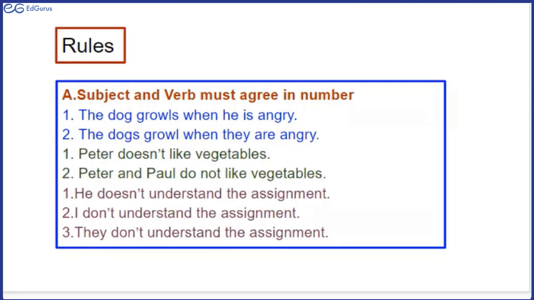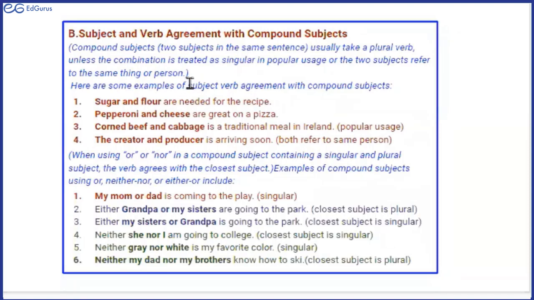Yes, ma'am. Then the other rule was subject and verb agreement with compound subjects. Compound subjects are when there are two subjects which have been used with words like and, for example, sugar and flour, the creator and producer, the writer and poet, right?